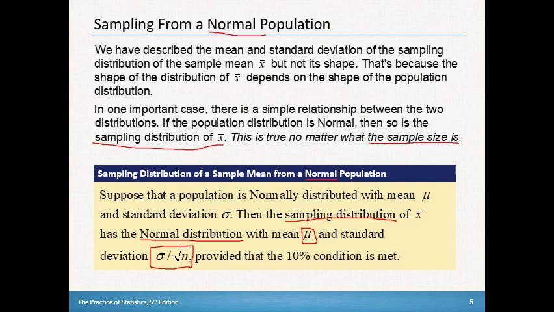These last 2 things, the mean and the standard deviation, do not depend on the shape of the sampling distribution. The mean will be mu and the standard deviation will be sigma divided by the square root of n, regardless of the shape. But the shape will, of course, be normal when the population from which we sampled is normal.